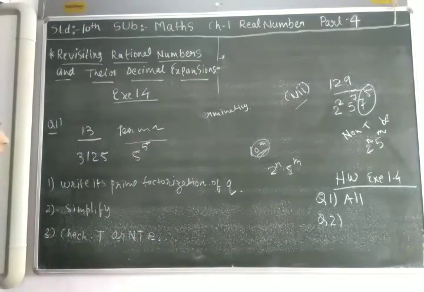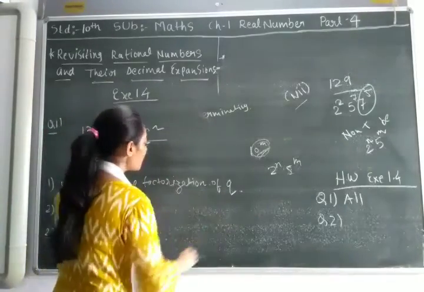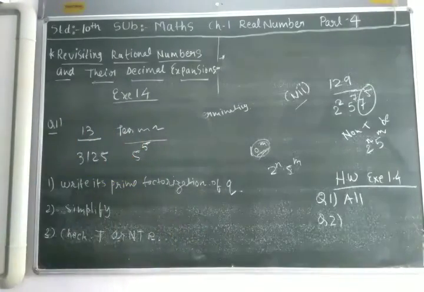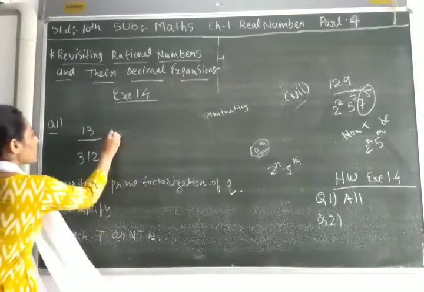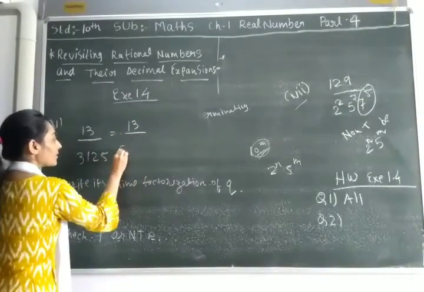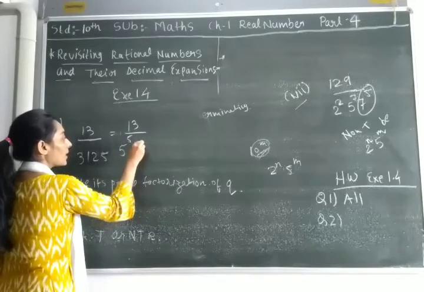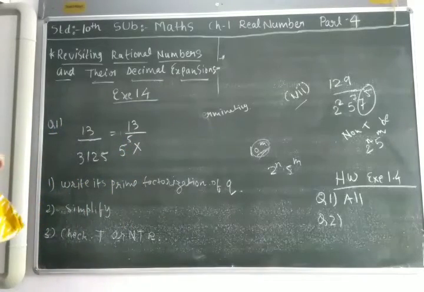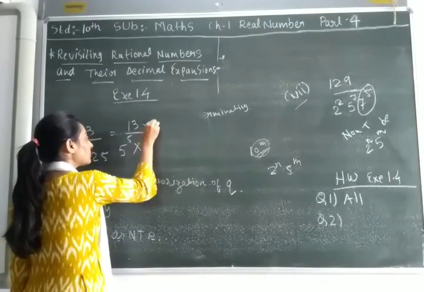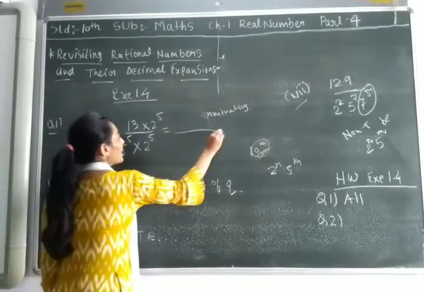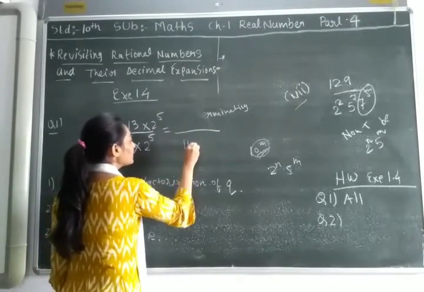Now in the next step, I'm solving here. I write 13 over 5 to the power 5. I have to write this in its decimal expansion, so I multiply by 2 to the power 5 in the numerator and the denominator.